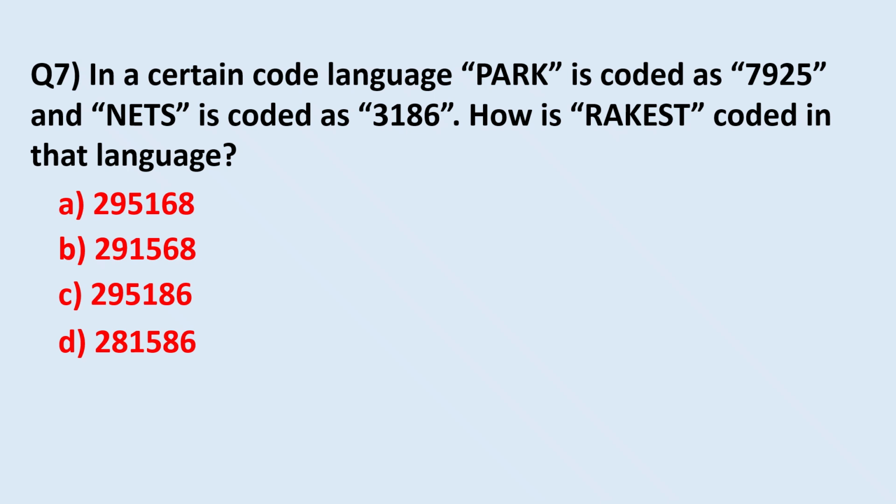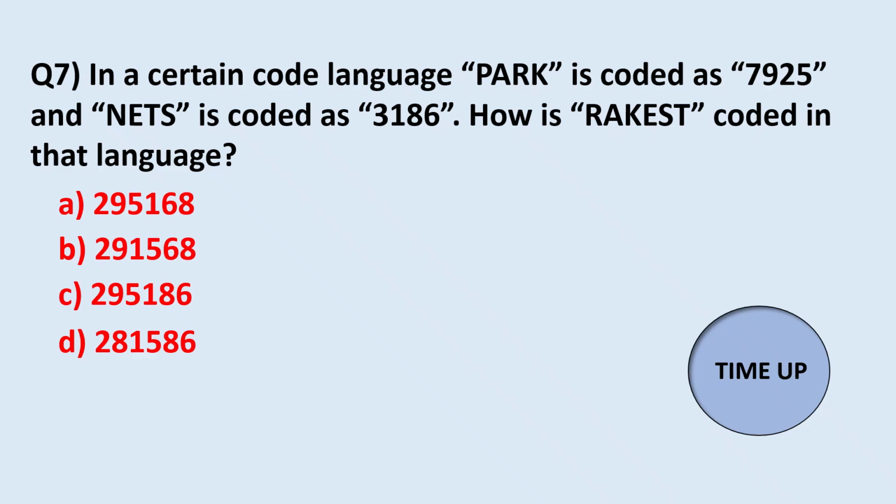Seventh question on your screen and your timer starts now. Tell me how you will solve this. First write the place values of each alphabet. That will be easier for you to solve it. Time up.